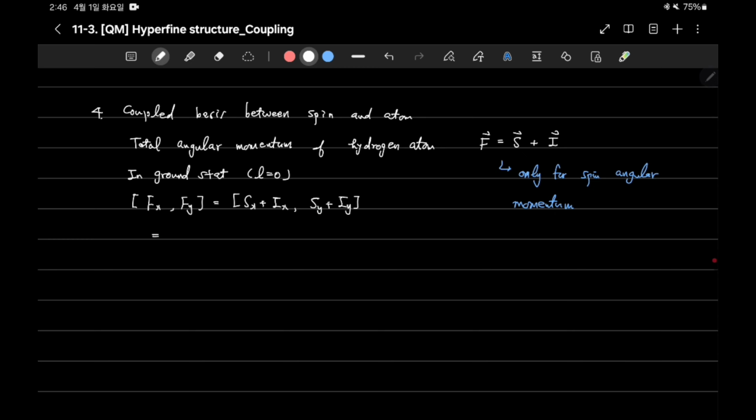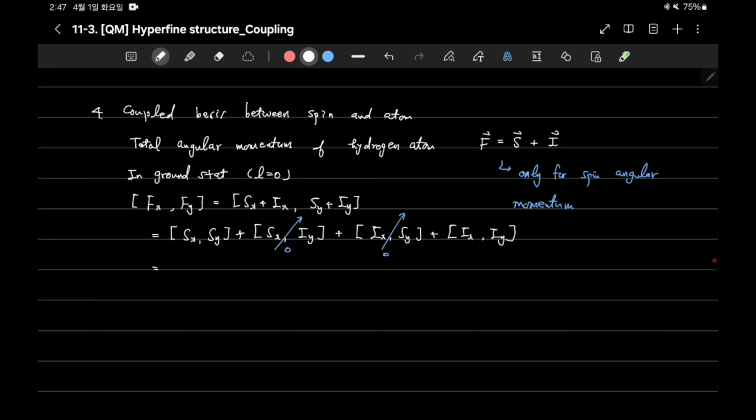Then this commutation can be calculated: Sx and Sy, plus Sx and Iy, plus Ix and Sy, plus Ix and Iy. Because the spin and isospin commute, those cross terms should be 0.